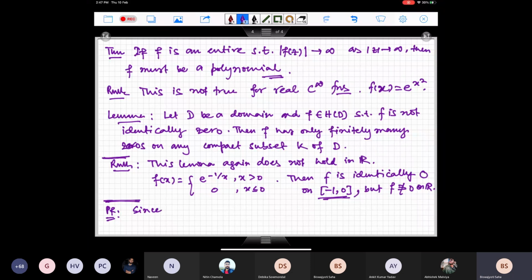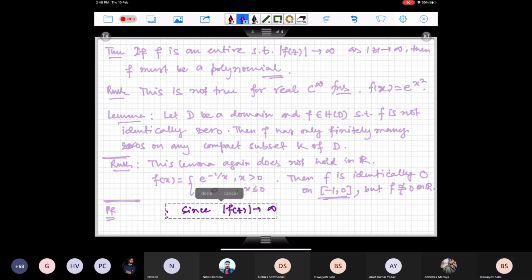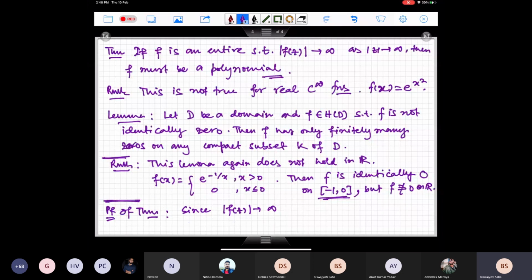Since mod of f of z tends to plus infinity as mod z tends to plus infinity, exactly like the previous thing, there exists M positive such that mod of f of z is bigger than or equal to 1 for all mod z bigger than M. So after a certain stage, your mod of f of z has to be bigger than 1. So therefore the function does not have any zeros there, since the absolute value is bigger than 1.